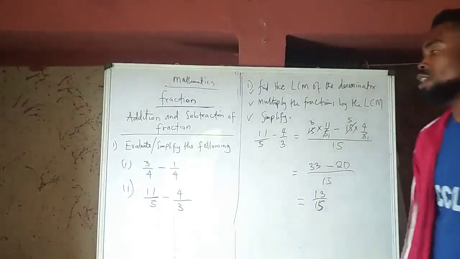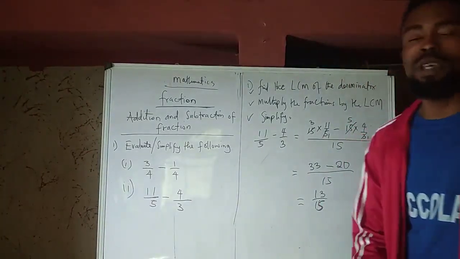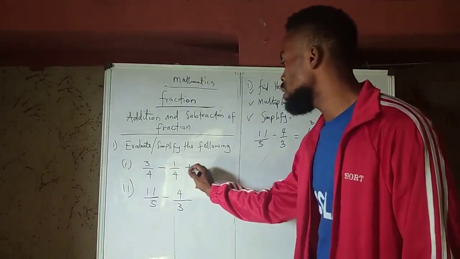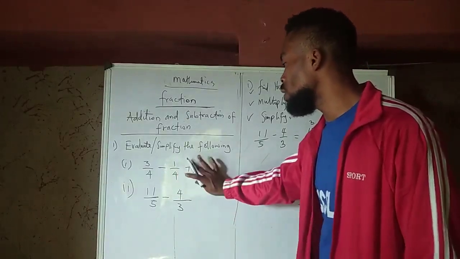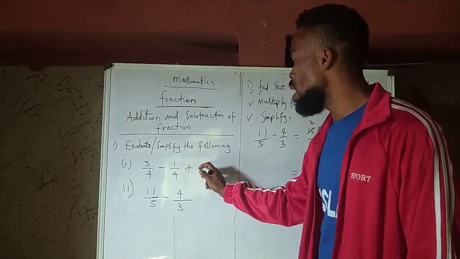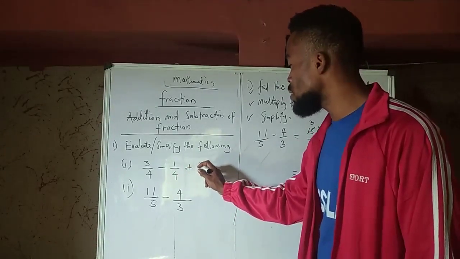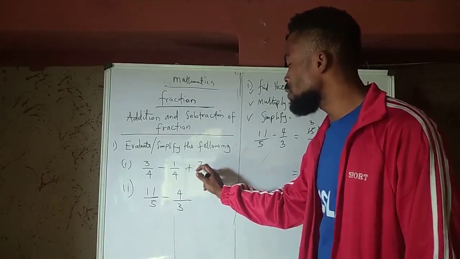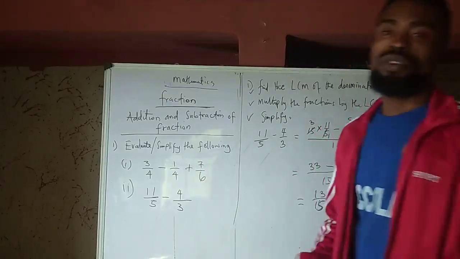Addition and subtraction of fractions, any number of fractions that it may be. Imagine that you had 3 over 4 minus 1 over 4 plus 7 over 6. You can still do this.